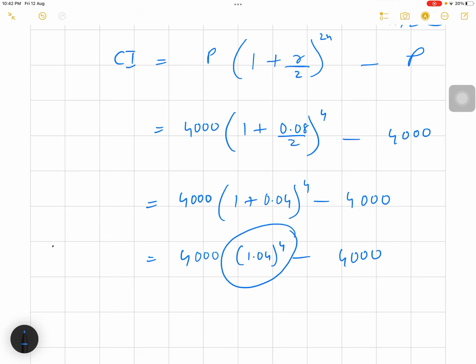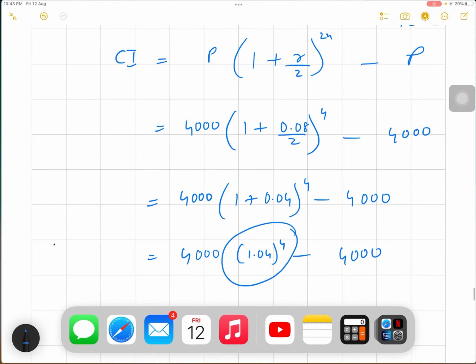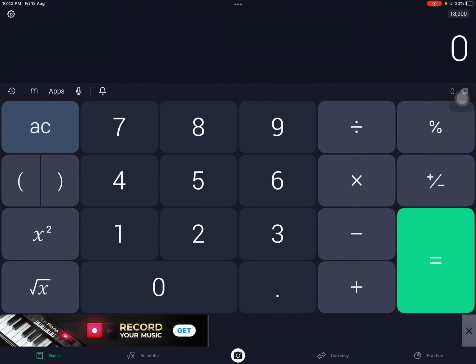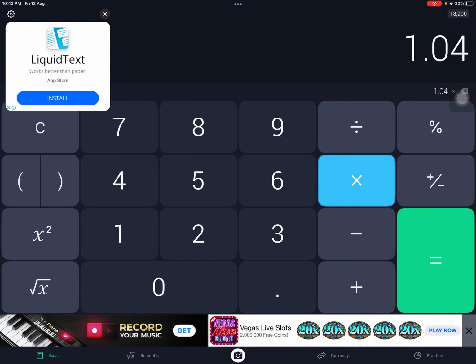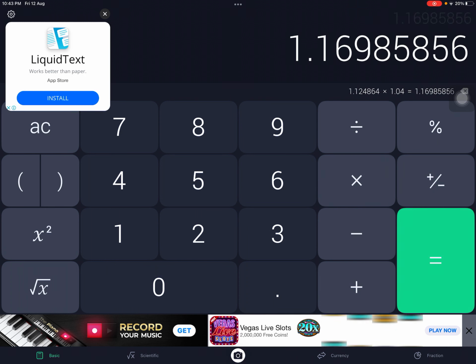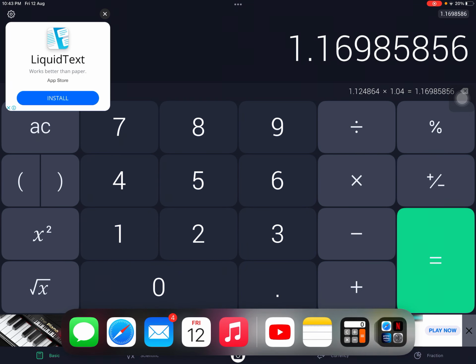Now I'll solve this. 1.04 raised to 4. So let's calculate. 1.04 multiplied by itself 3 times comes to 1.16985, so I can write 1.1699.